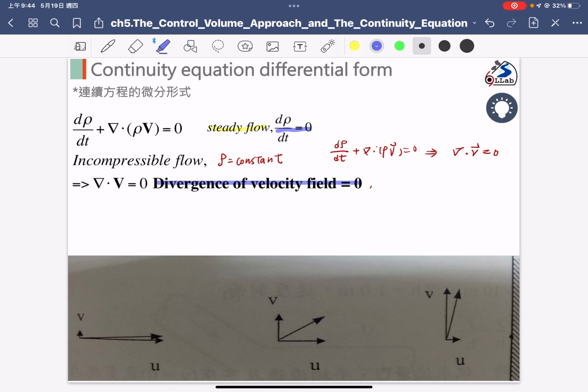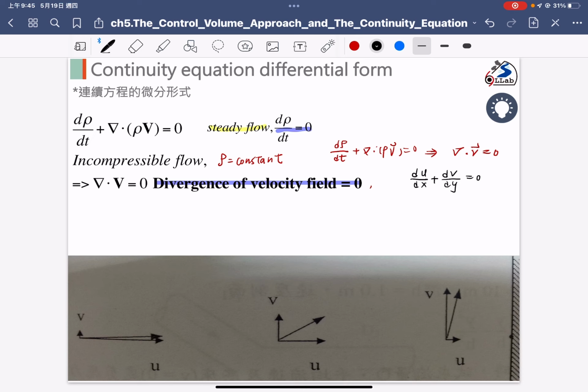Okay, so what is the idea? We can expand the divergence here, which indicates ∂u/∂x plus ∂v/∂y equals 0. That means the u velocity change along the x direction plus the v velocity change along the y direction equals 0.